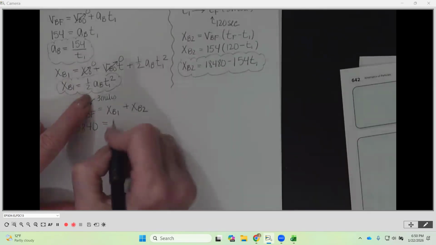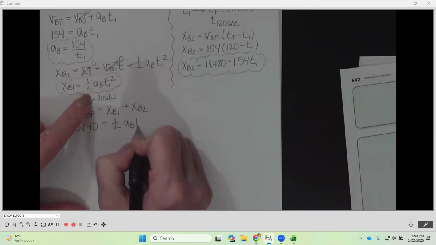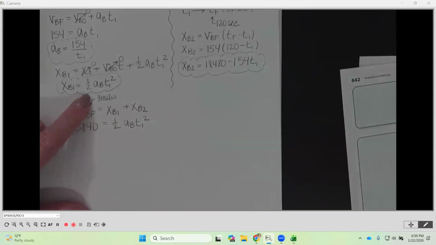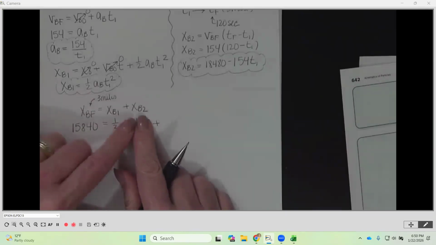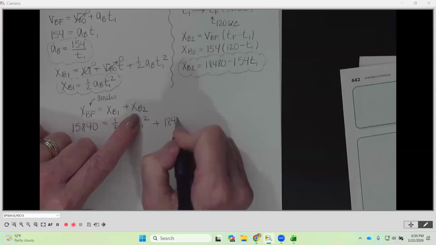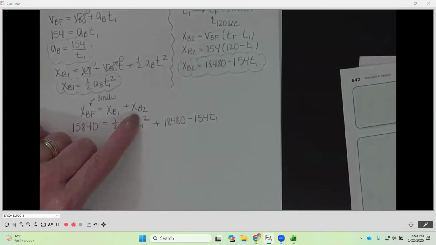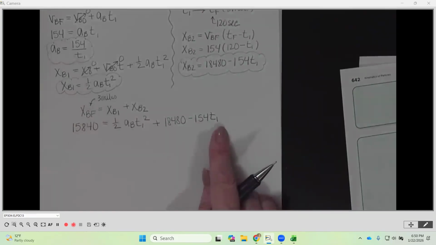That's going to go right down here. So that's going to be 1/2 ABT1 squared. Okay, so that goes right down there and it's going to be in its place. Plus XB2 is right here. 18,480 minus 154 T1.